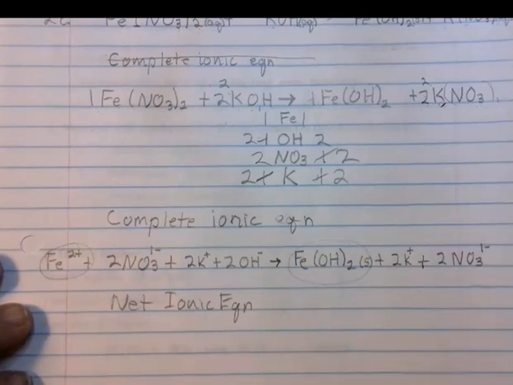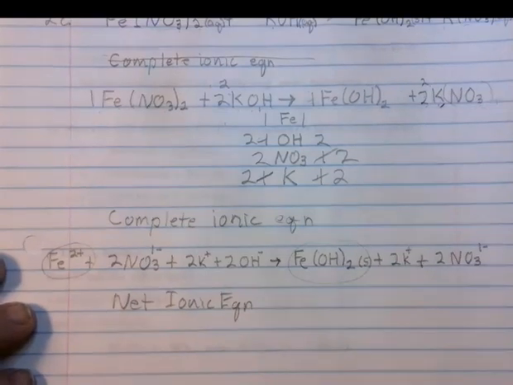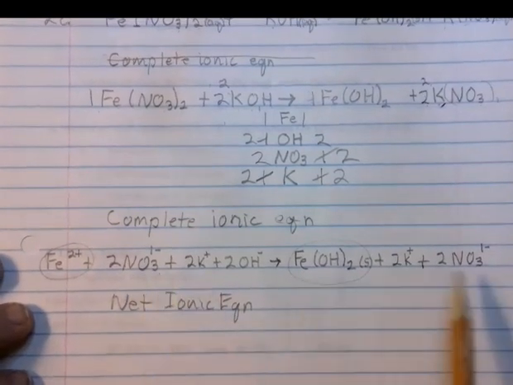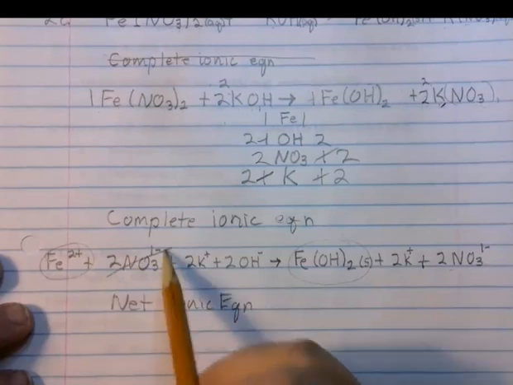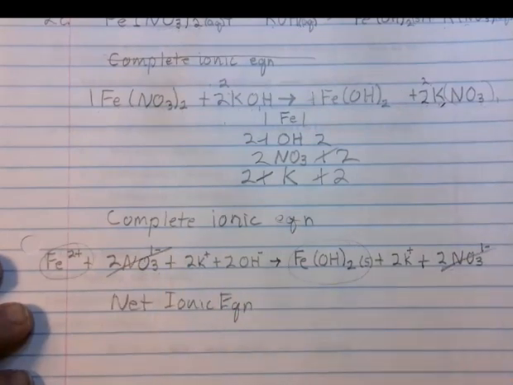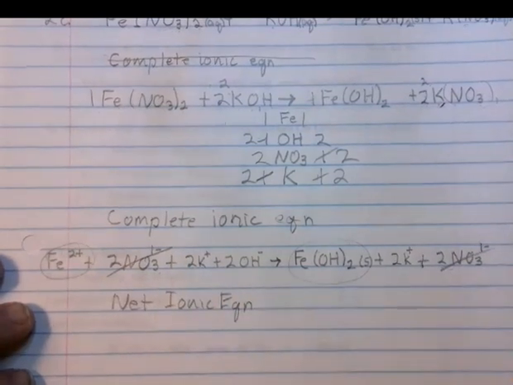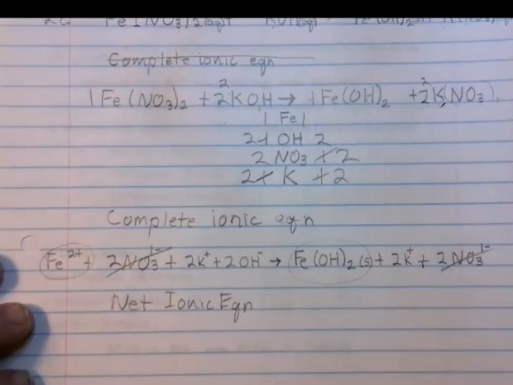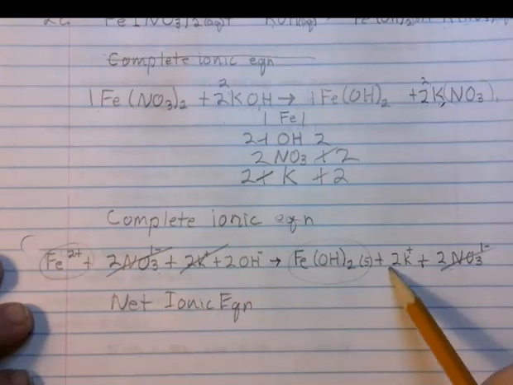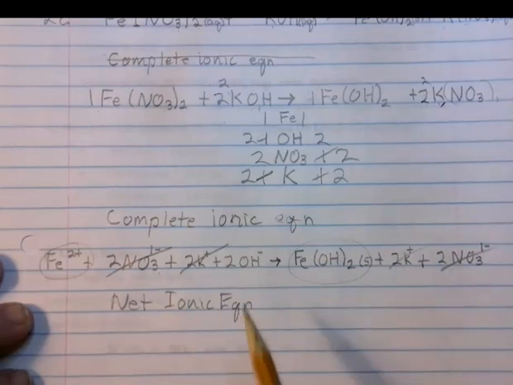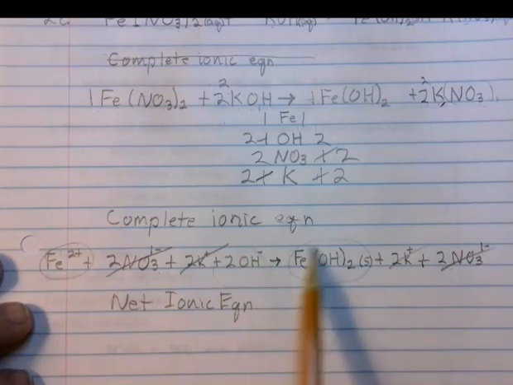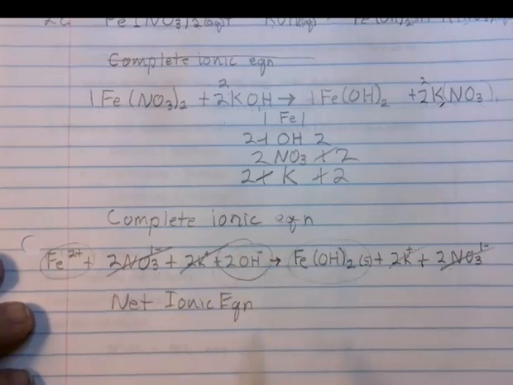So I'm going to circle those because we're going to keep those. I have 2 NO3 here and 2 NO3 over here, so that's a spectator. Doesn't affect the reaction. Then I have 2K here and 2K here. Spectator, just sits there and watches. And finally, we have the 2OH, but that becomes part of the compound here, so I'm going to circle that.